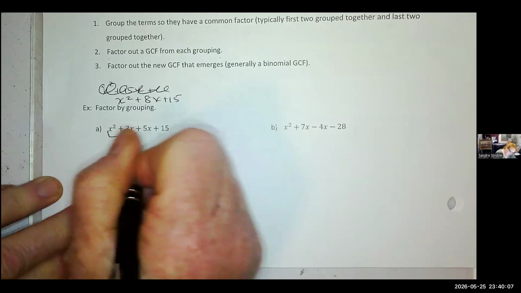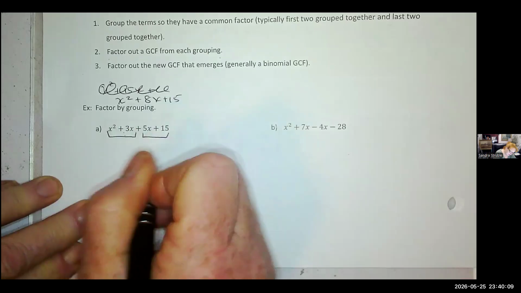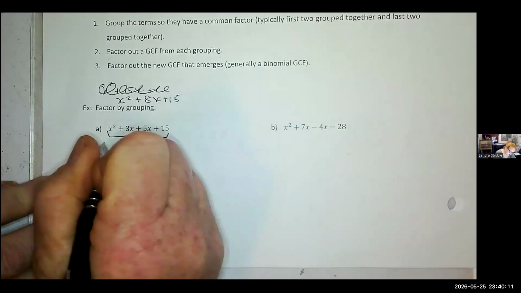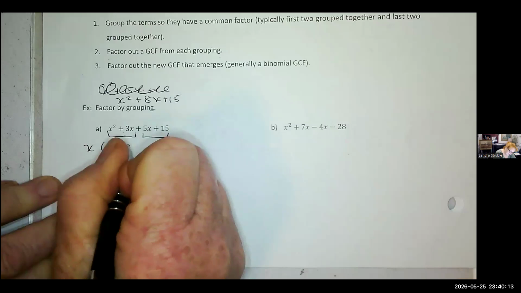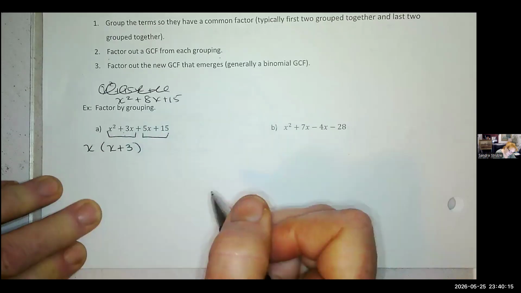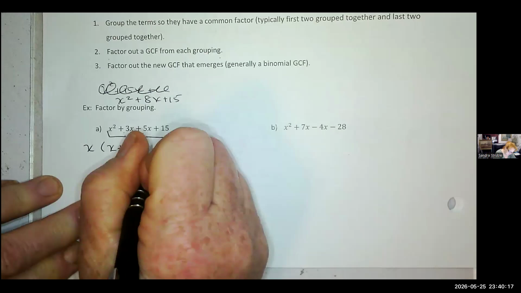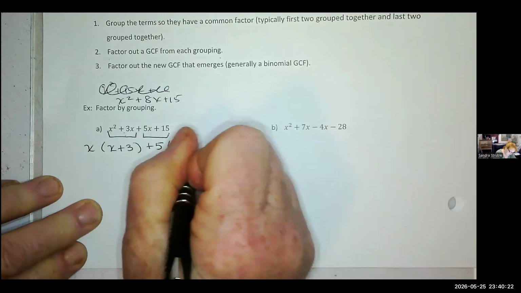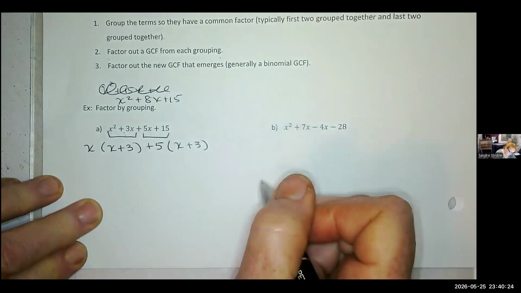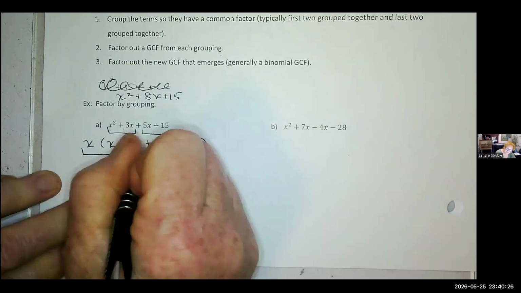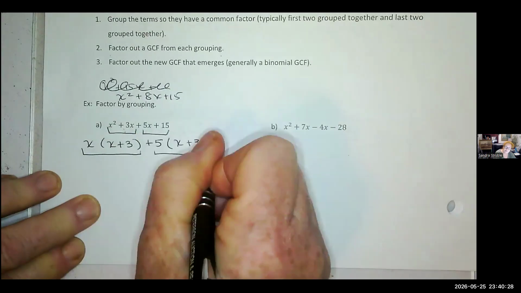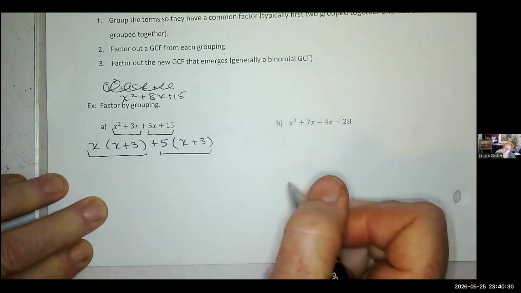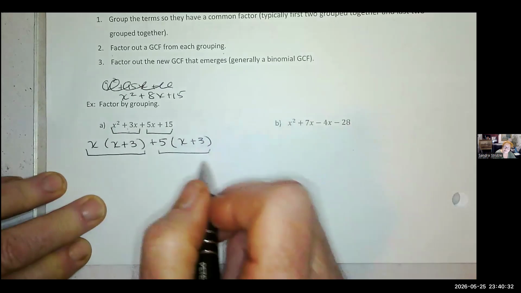If I factor out an x, I'm left with x plus 3 from the first two terms. If I factor out a 5 from the second two terms that they have in common, that's x plus 3. All right. Looking at both of these terms now, these are two different terms. This is what we were doing prior to this. They had already gotten you to this point.